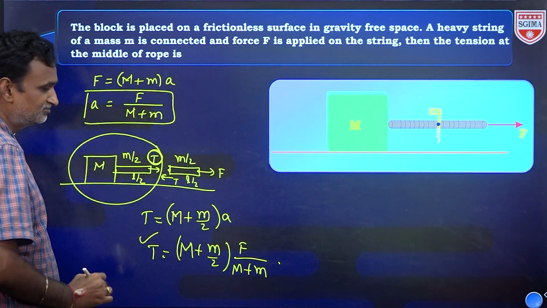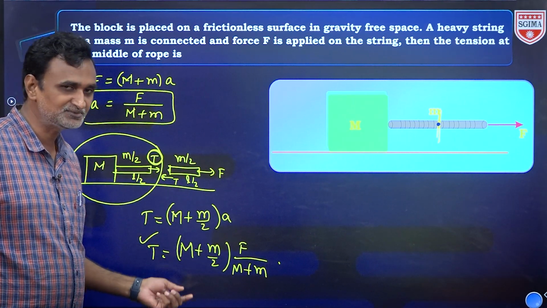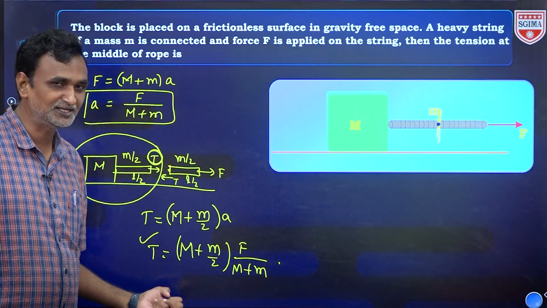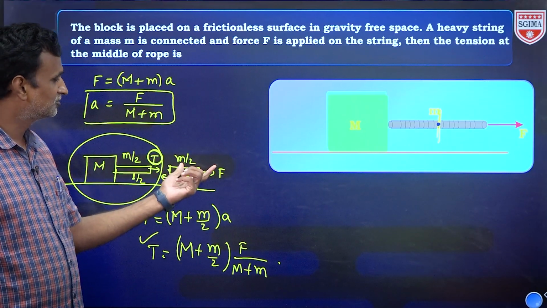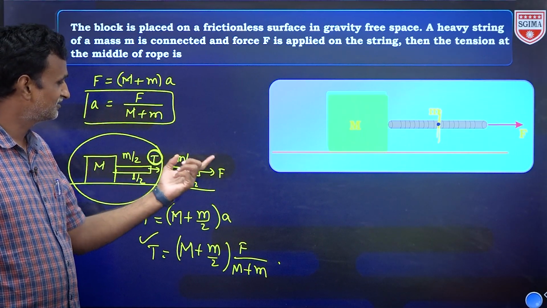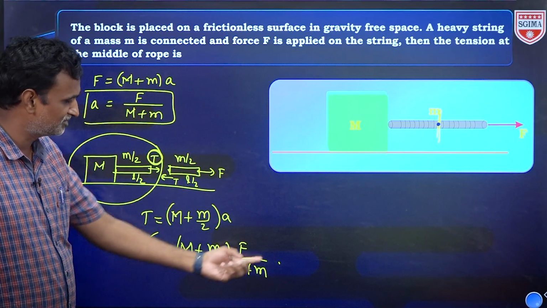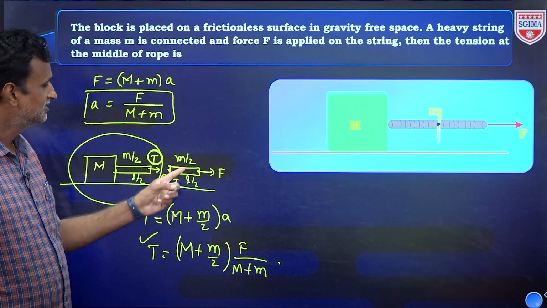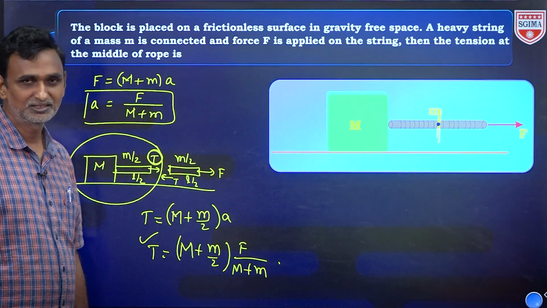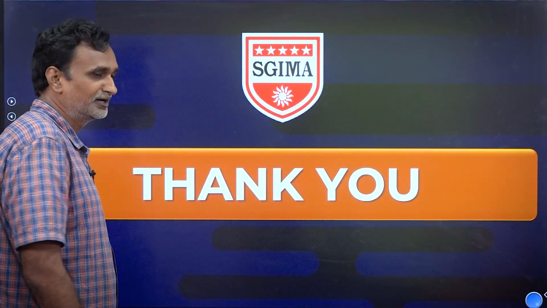Why I choose this one is because we can solve the answer very easily. Here you need to substitute values, take the LCM and simplify. You get the same answer, no problem. So this is the way we can solve the question. Right. Thank you.